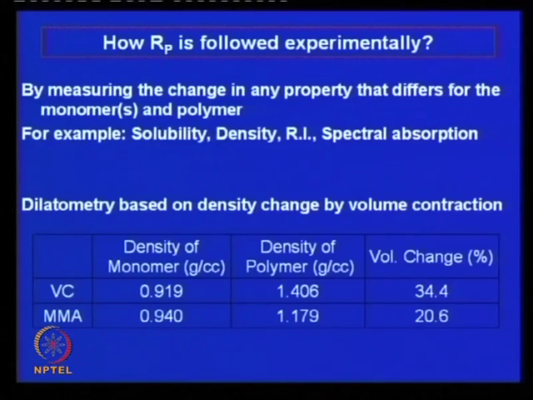Now, that property may be solubility, density, refractive index, or specific volume. There are instruments, a very simple instrument that you can even fabricate in your laboratory. You prepare a dilatometer. It is nothing but a very small glass bulb connected with a capillary.